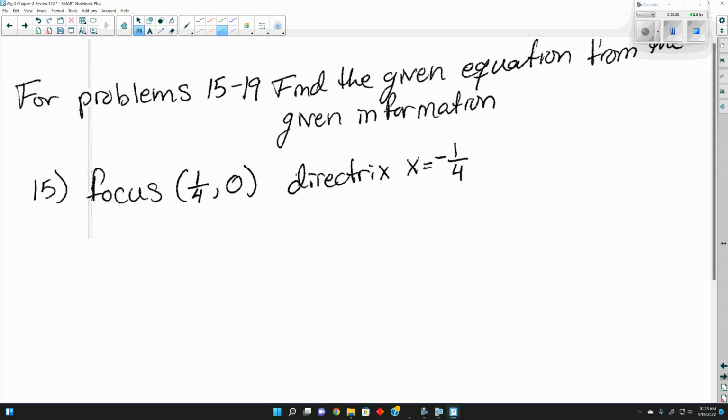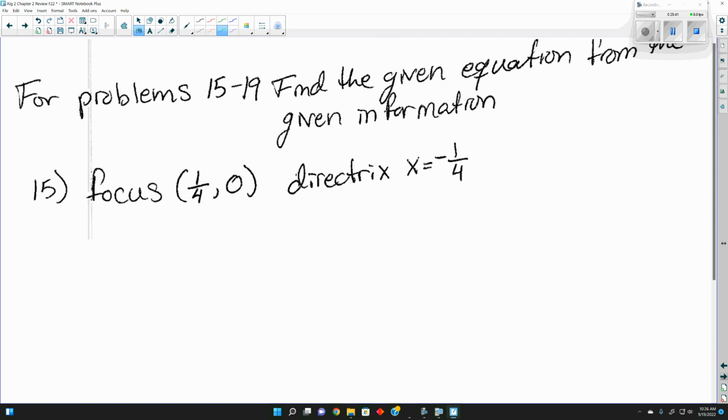For problems 15 through 16, find the equation from the given information. So here they gave us the directrix and focus, yes? Looking at this here, I have a value comma 0 and x equals negative 1/4. The x equals negative 1/4 kind of gives it away.